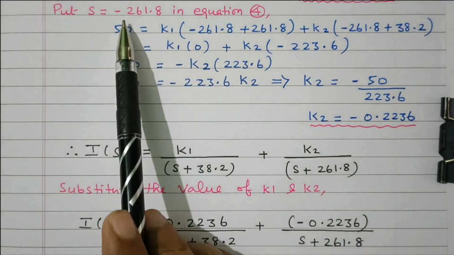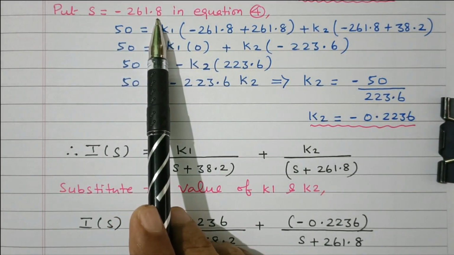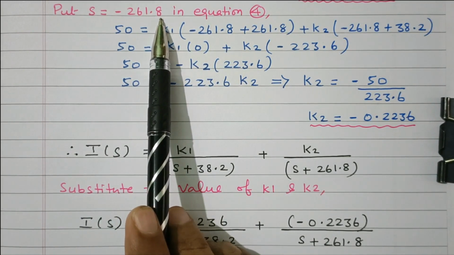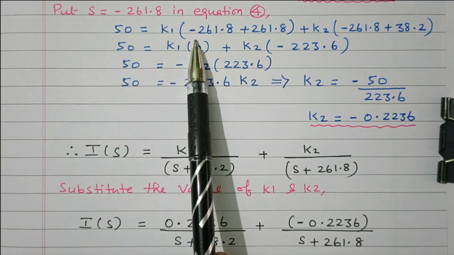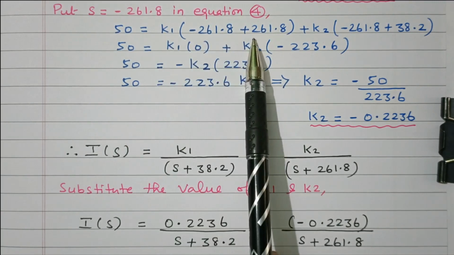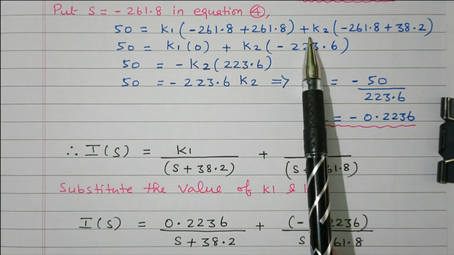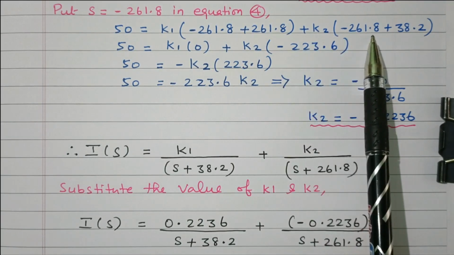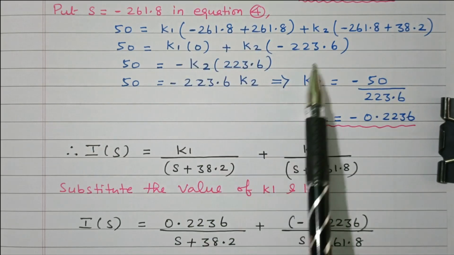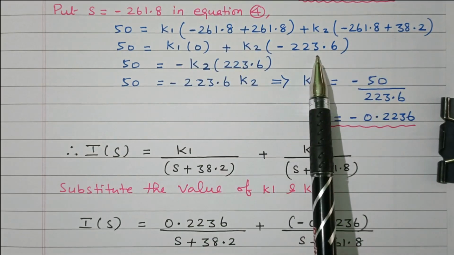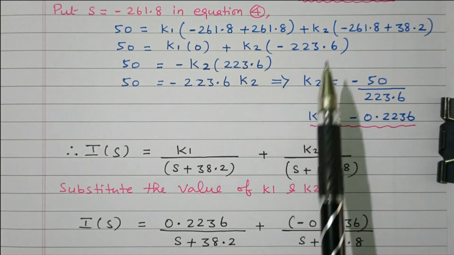So now we are substituting minus 261.8, so that we can cancel k1 and we are able to find k2. 50 equal to k1 into minus 261.8 plus 261.8 plus k2 into minus 261.8 plus 38.2. So this term becomes 0. This term is minus 223.6.